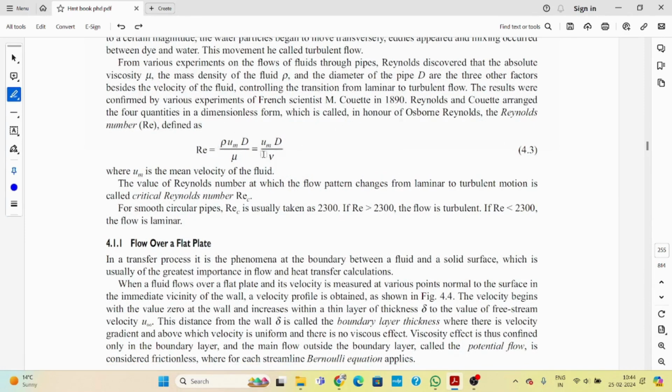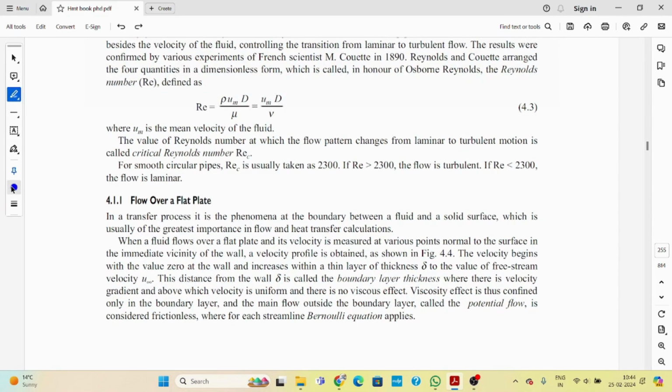Reynolds number is rho v d upon mu. Based on the Reynolds number, it is decided whether it is a laminar flow, turbulent flow, or transition flow.